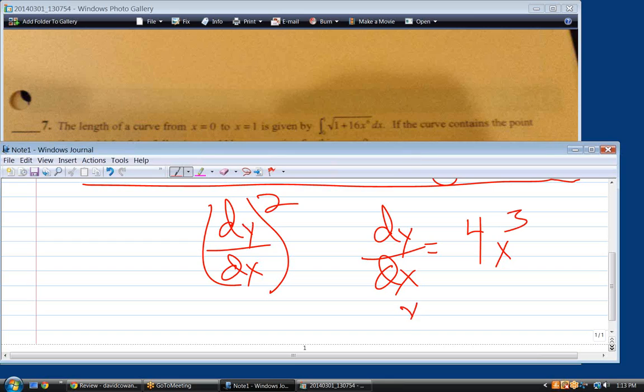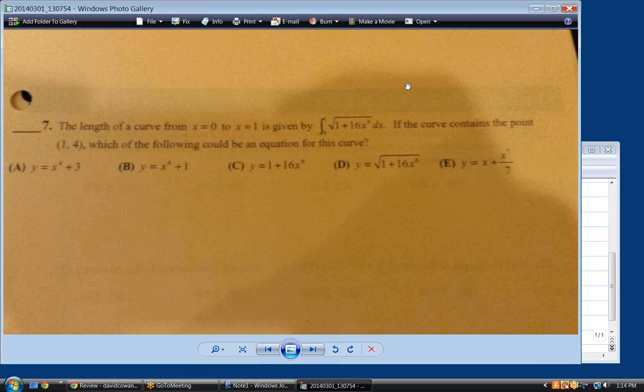Let's come up with y. Integrate. In other words, if the derivative is equal to this, then we're looking for the antiderivative of that. So that would be x to the 4th. Yep. So that's the function we're looking for.